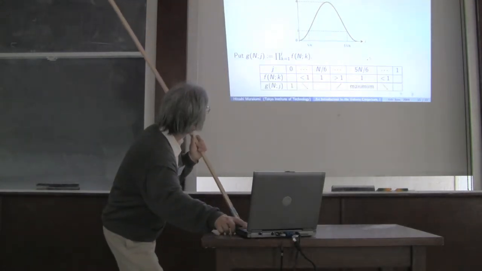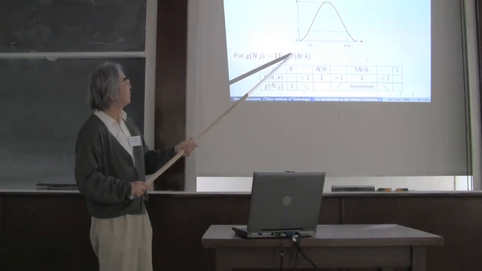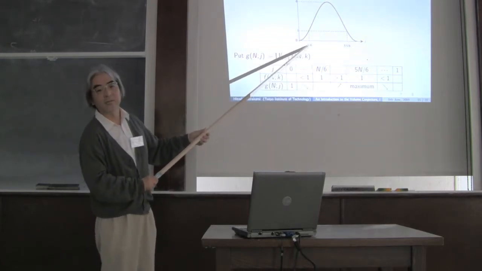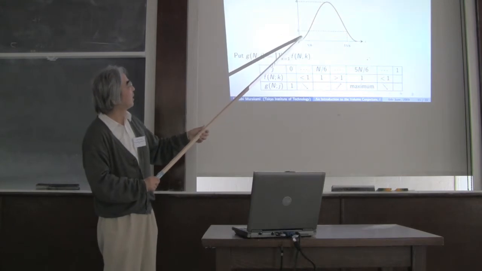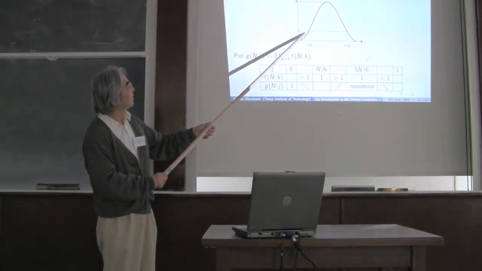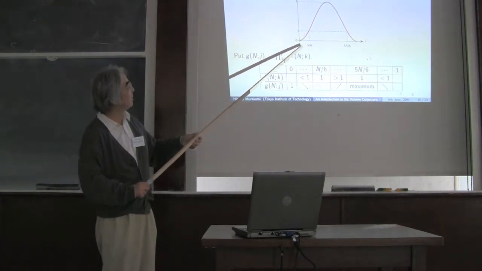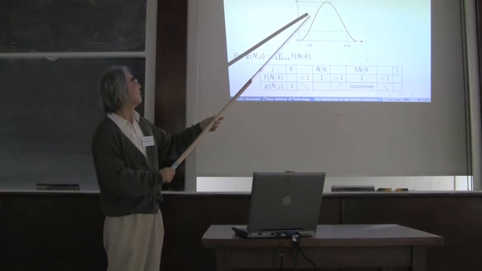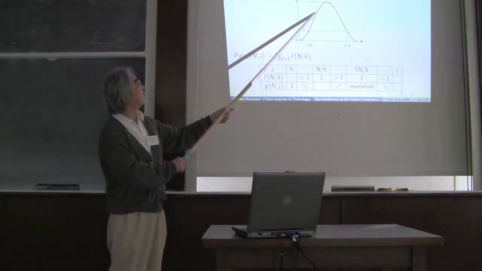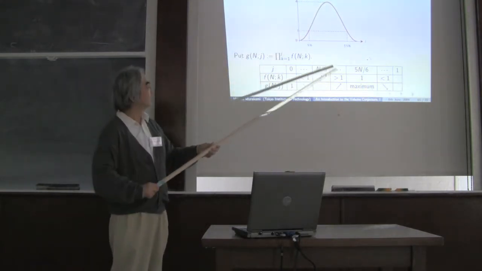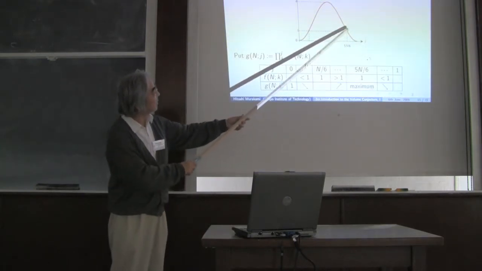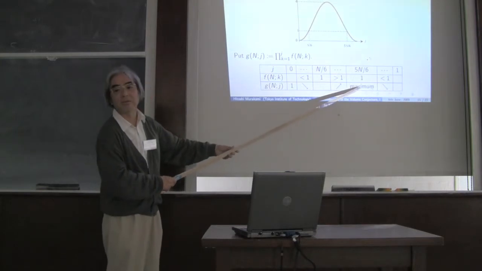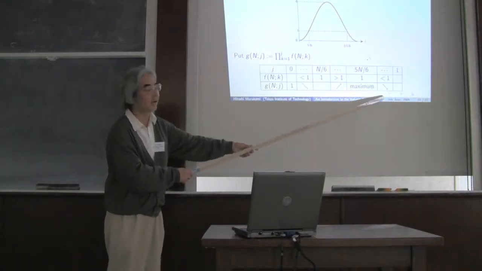So the G, which is the product of F's, is going down before n over 6, because it is a product of numbers smaller than 1. Then it goes up, because we multiply by numbers bigger than 1. At 5n over 6, it attains the maximum, and then it goes down again.